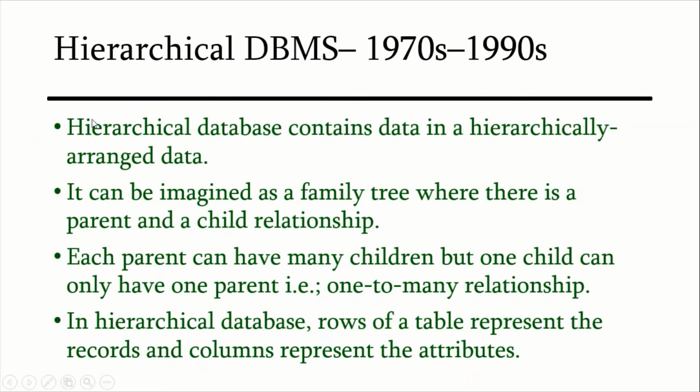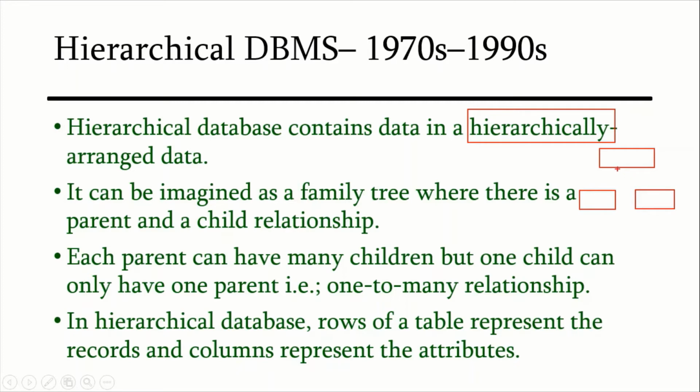Then the hierarchical DBMS. Now we see the hierarchical DBMS. Hierarchical databases contain data in a hierarchically arranged order. Hierarchically arranged data means at the top we have a particular data item, and then we have something like this, right?